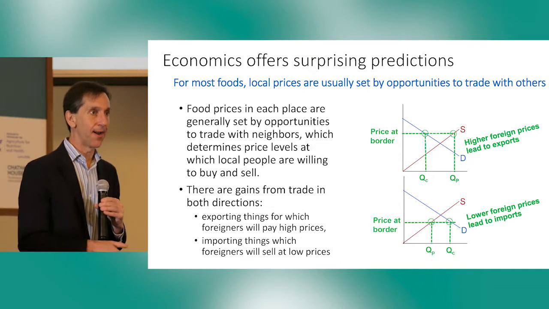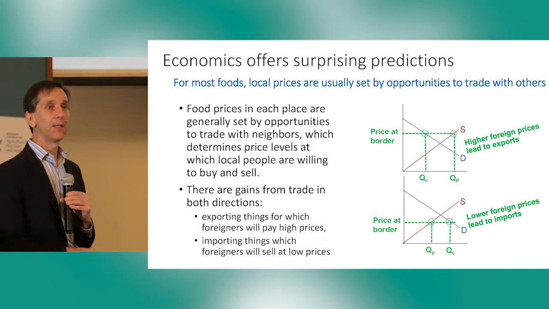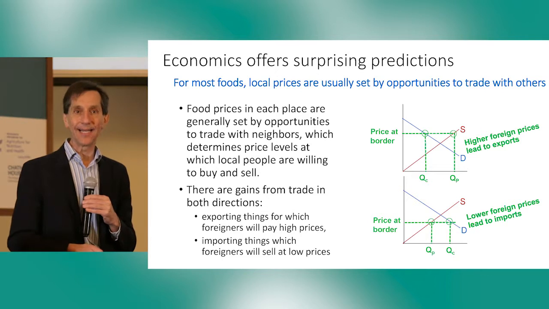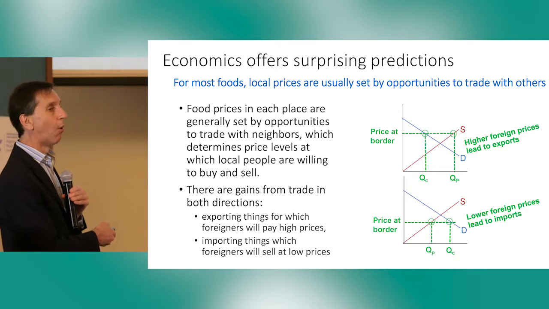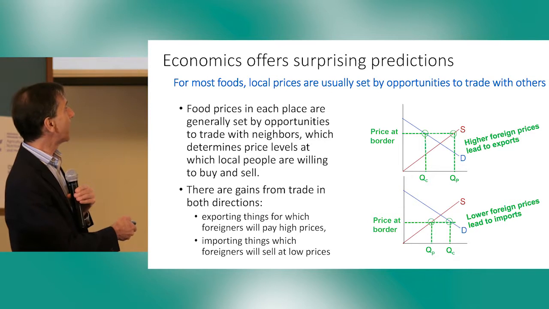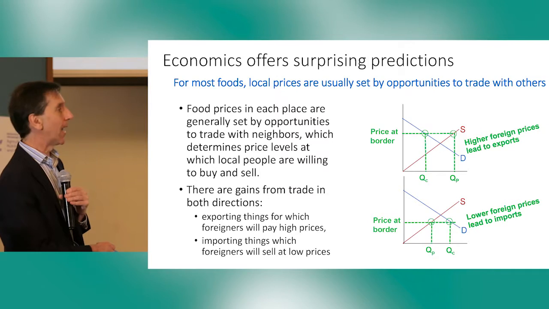The price level might stay the same, but the price difference would become smaller. So we're predicting that we would observe this kind of pattern of response to the price at the border driving the price of, say, groundnuts in Ghana. And this prediction is borne out time and time again. We find this happening in every society for every food, where it's price at the border that then drives how much is consumed and how much is produced for most products most of the time.